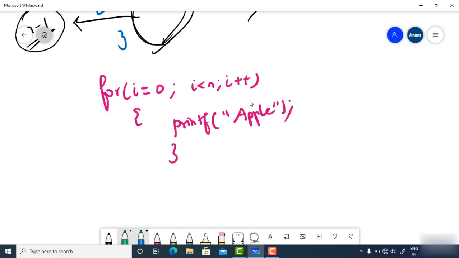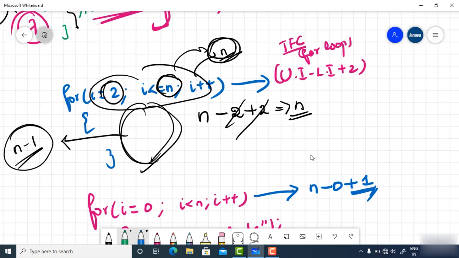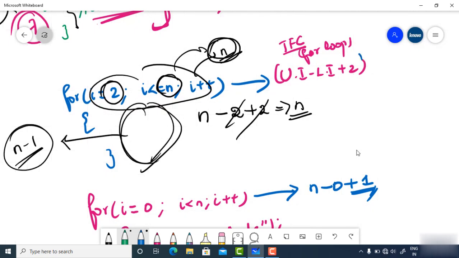So how to analyze? This for loop will execute for upper index minus lower index plus 2. Okay, I think it's plus 1. Sorry, plus 1. It will be 2 whenever there is less than or equal to n.